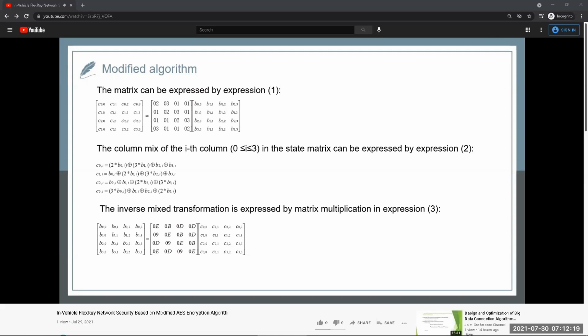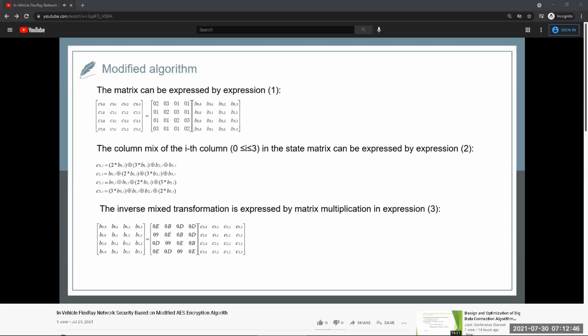Among them, the multiplication is performed on the finite field GF, and the modulo polynomial G(x) is required in the AES algorithm. The matrix can be expressed by expression 1.